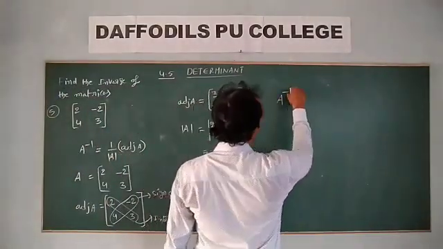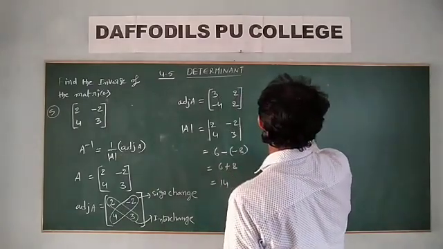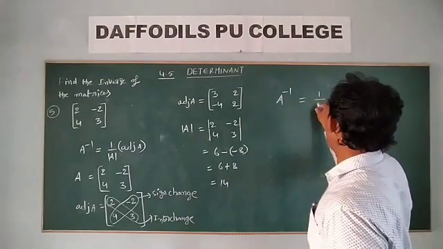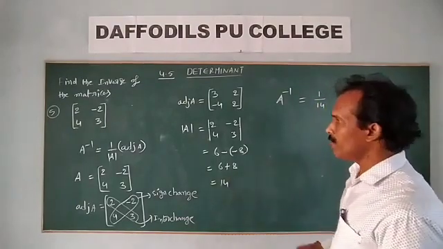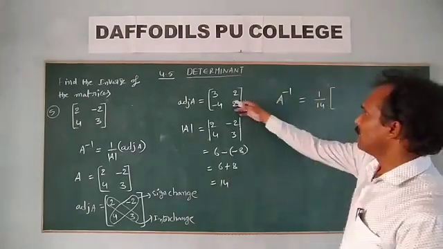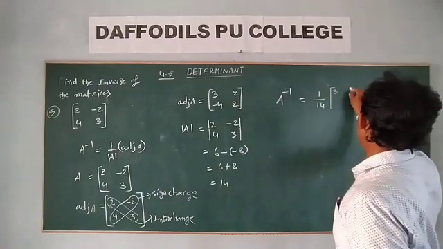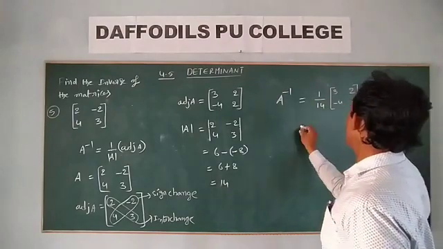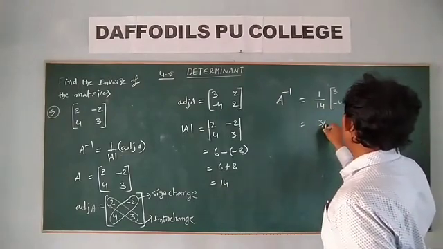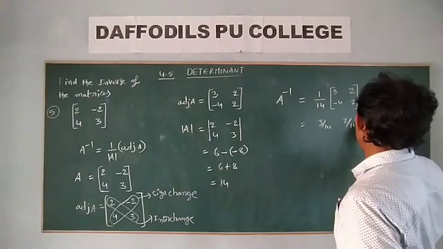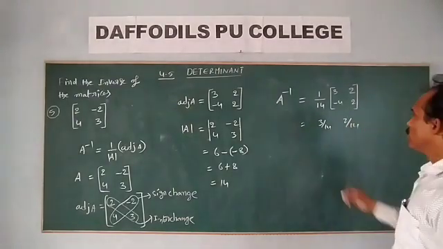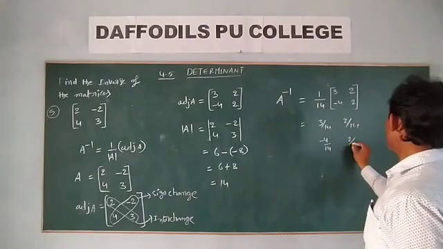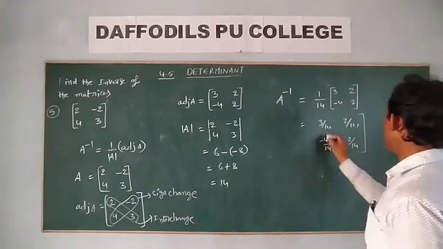Now A inverse. A inverse is equal to 1 by det A into adjoint A. Det A value is 14. Adjoint A means 3, 2, minus 4, 2. Inside you multiply 1 by 14: 3 by 14, 2 by 14, and next minus 4 by 14, 2 by 14.